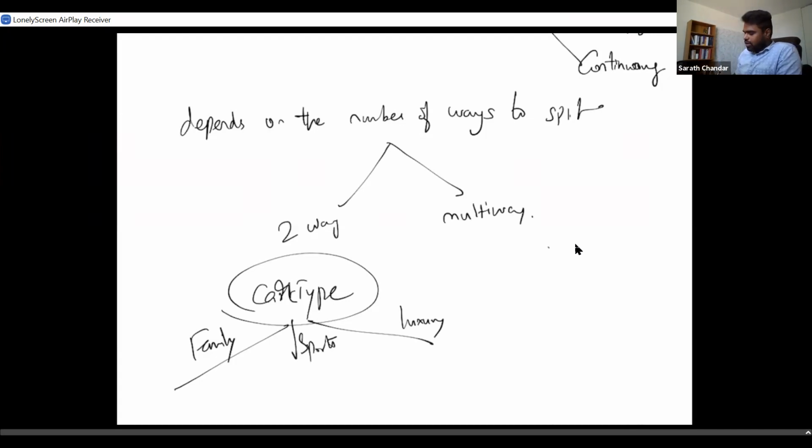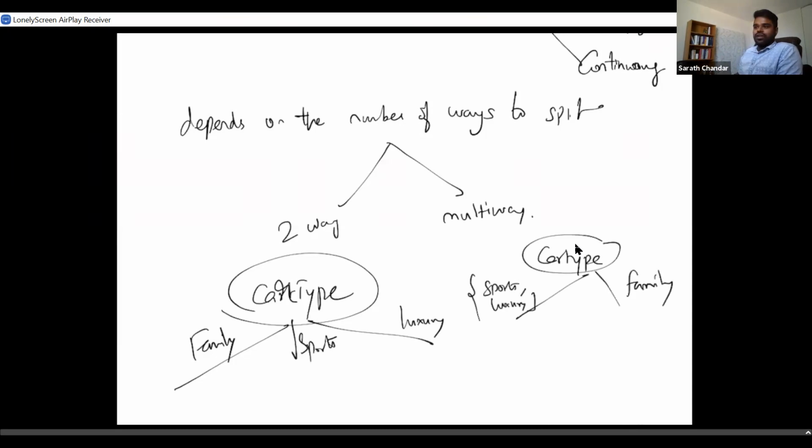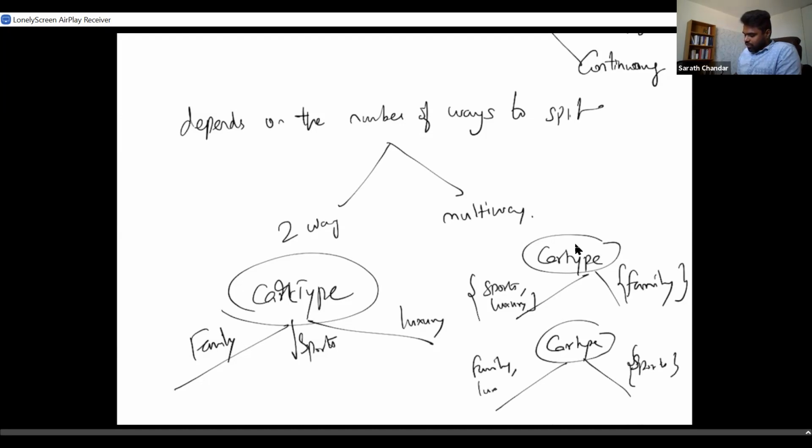For example, one could go for car type equal to sports and luxury together and family separately, right? Or one could go for car type equal to sports separately and family and luxury on one side.